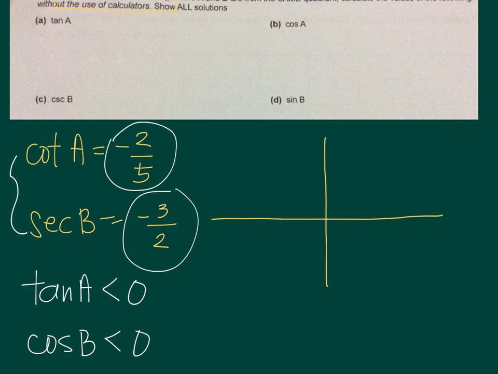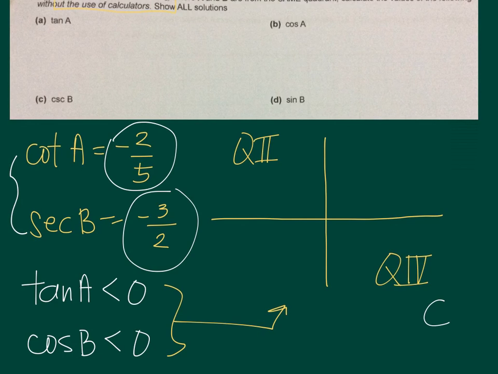Okay, so using this new information, if tangent A is less than 0, then that could only be in quadrant 2 or in quadrant 4. That's what we learned from CAST.